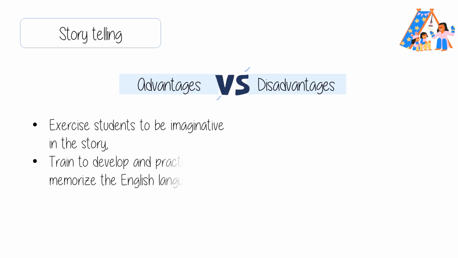The second, it trains to develop and practice memorizing the English language. Well, to retell a story, we need to remember the information, also the sequence of the events, and maybe the characters of the story. So this storytelling method trains the memory system of a student's brain.